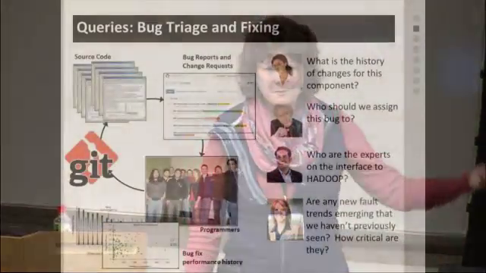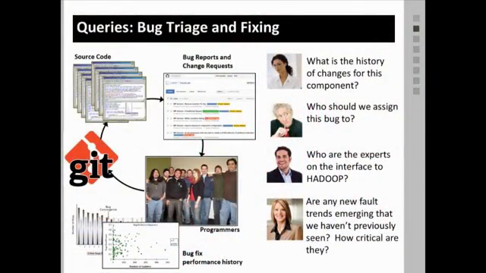You need to be able to make the connections all the way down to the code and the test cases to show that your software is compliant or that it is safe for use. We've already had lots of people talk about things like fault prediction. Bug triaging is another one of these. We have these different kinds of software artifacts, and we're interested in allowing people to make queries across them.